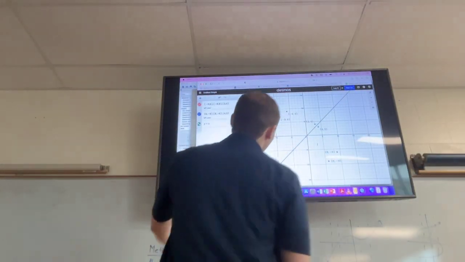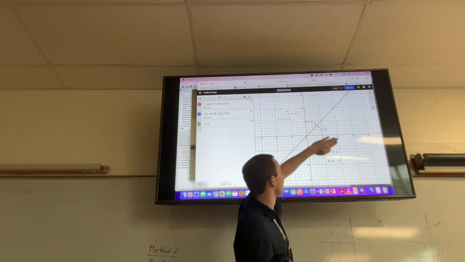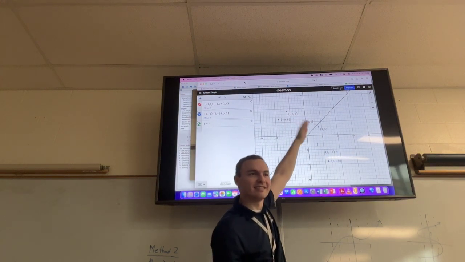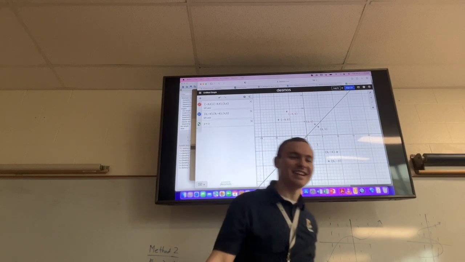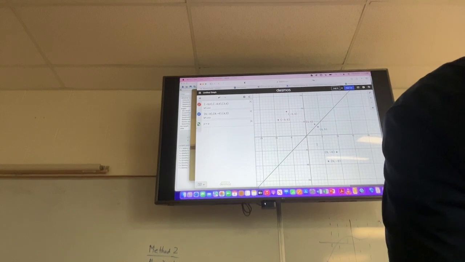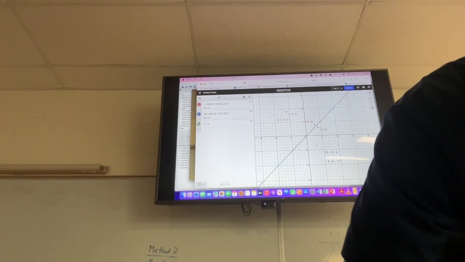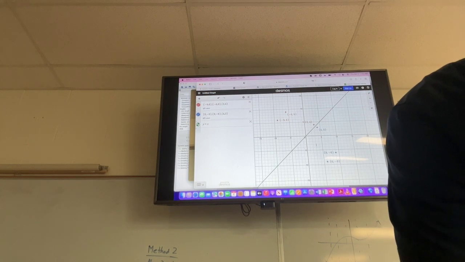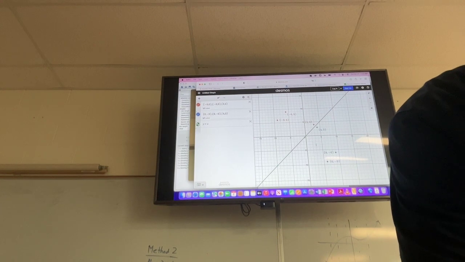All right, so you see how the blue points are just reflected across this green line? All right, so that's how that works. So in general, when you graph a function and its inverse, you're going to see a reflection across y equals x, across that line.